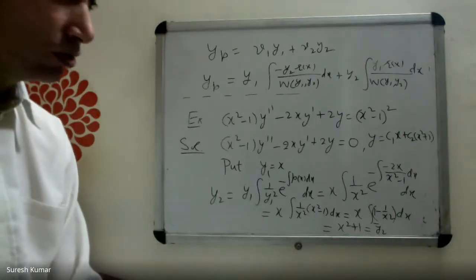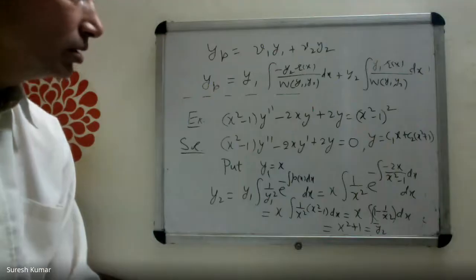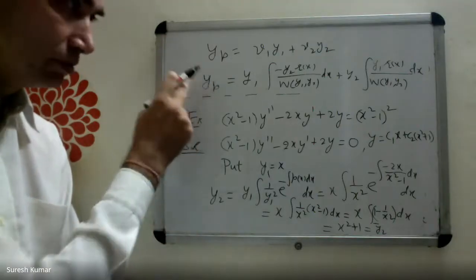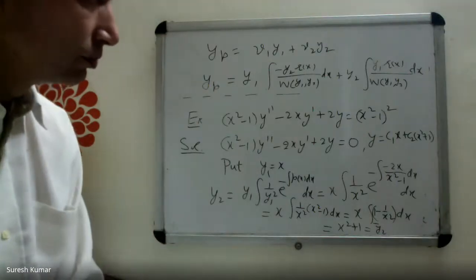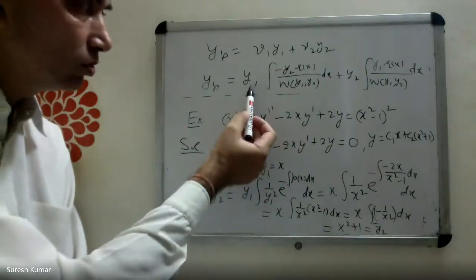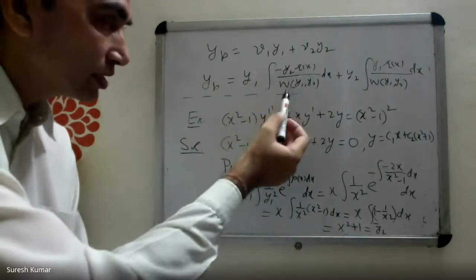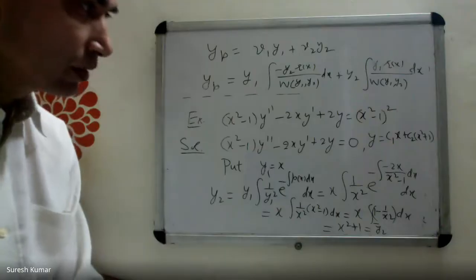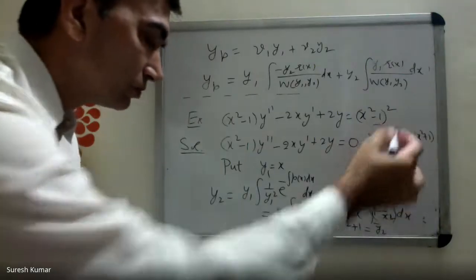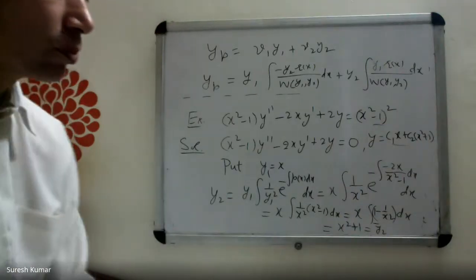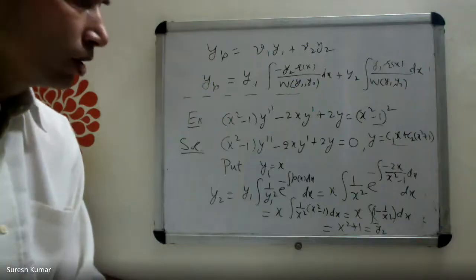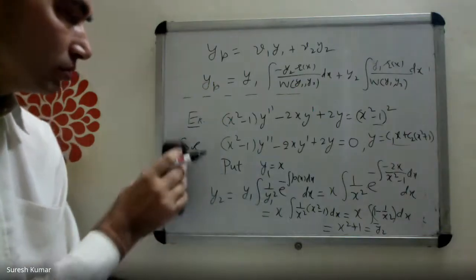Now apply the method of variation of parameters to find yp. Before that, you need to note down y1, y2, Rx and the Wronskian. That part I think you can do.